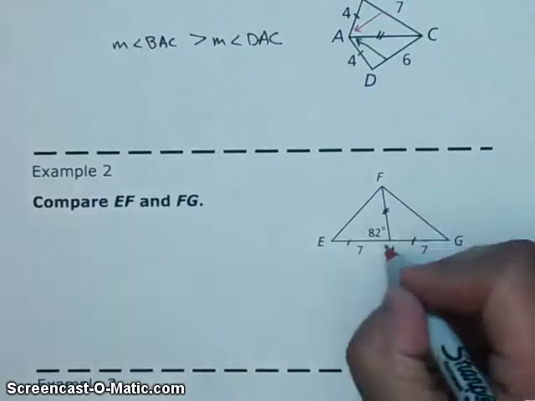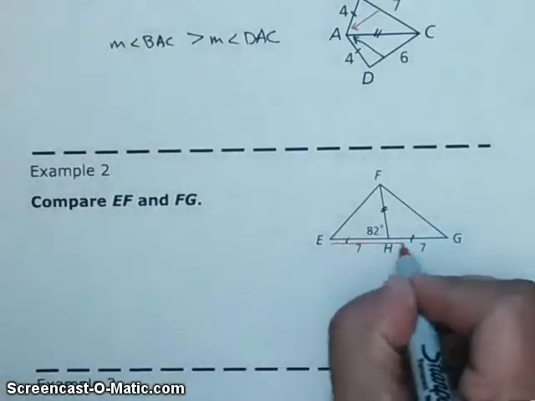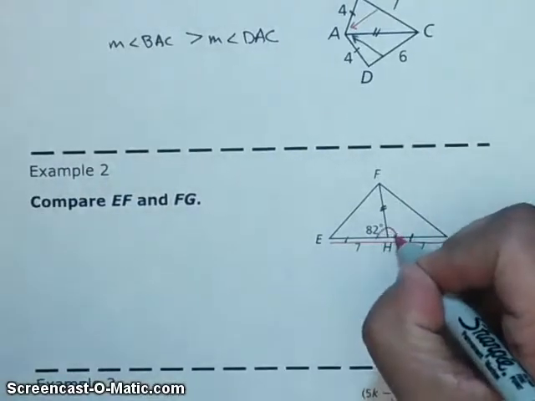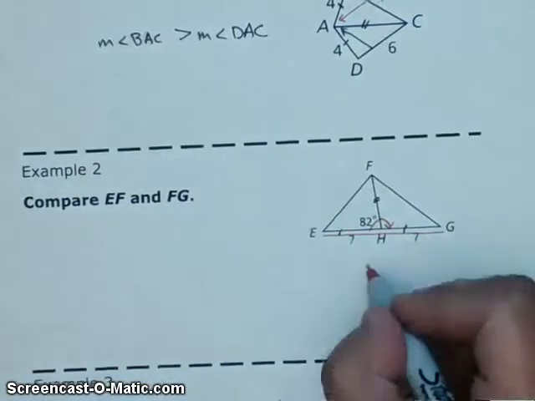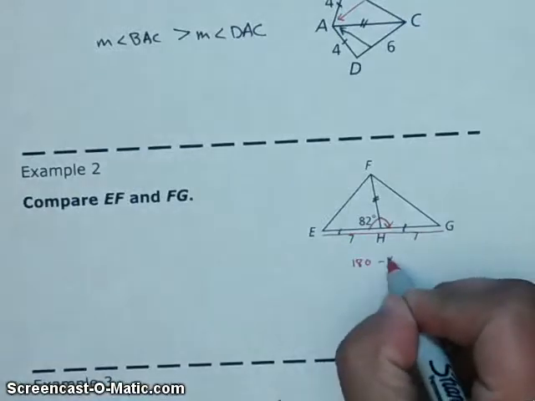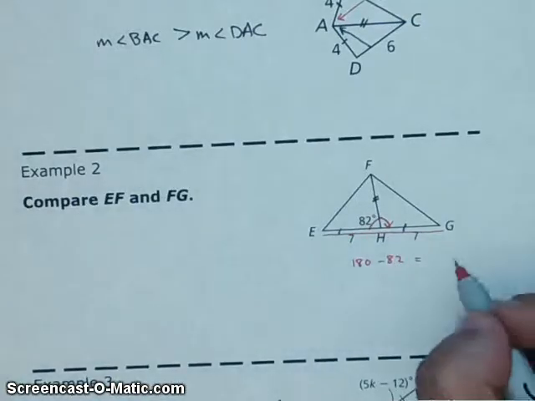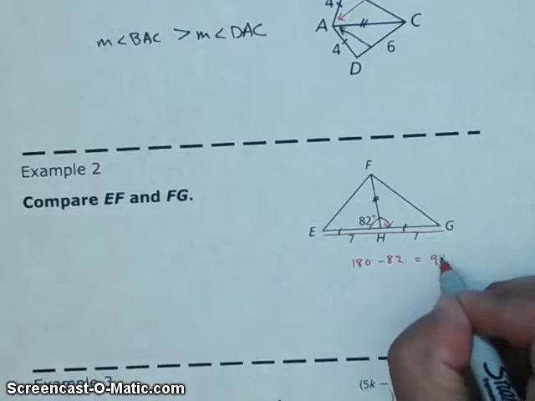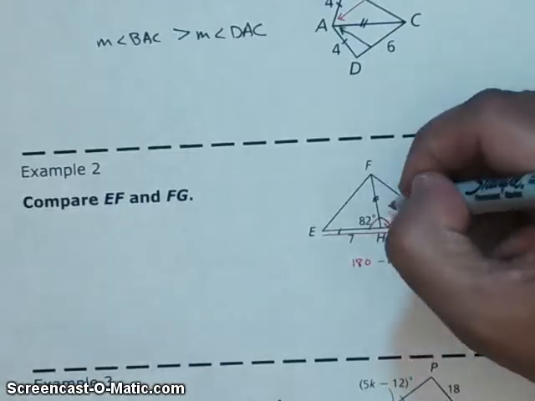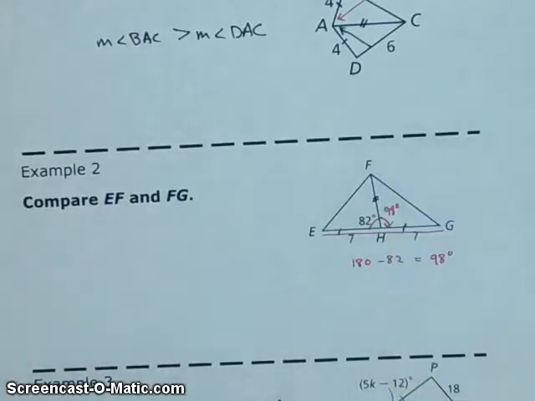Okay, notice that this forms a linear pair, so this has to be 180 degrees. So 180 minus 82 is going to give me 98 degrees. So I know this angle right here is 98 degrees.